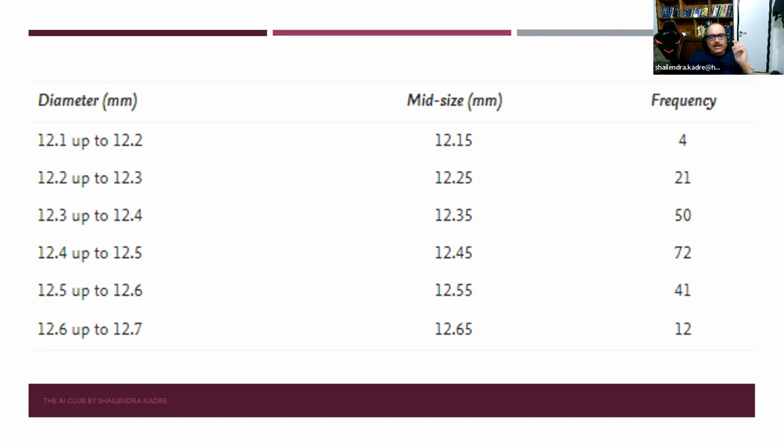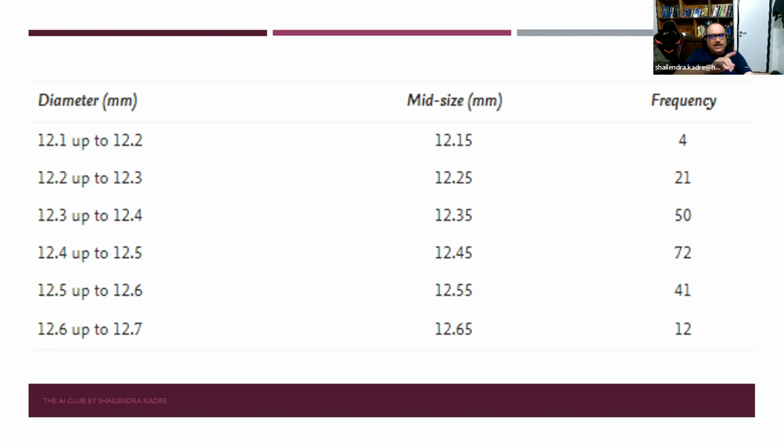But because of wear and tear of the tool, inaccuracies in the machine, or operator errors, my bolts are never produced at exactly 12.5. So I have some deviation. This is just example data; in practice the deviation is only 0.01, 0.02, 0.03 millimeters, but here, for the sake of example, I have taken data which varies widely.